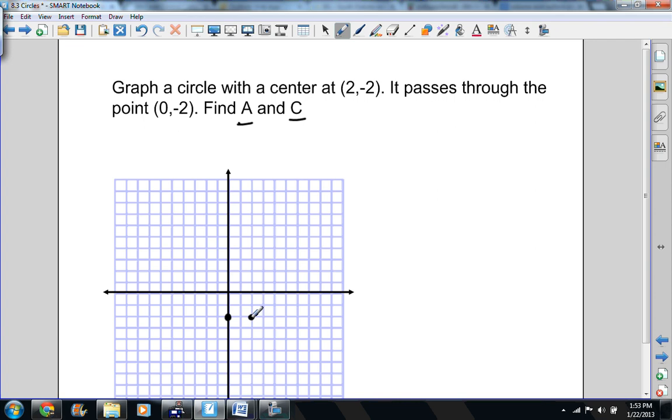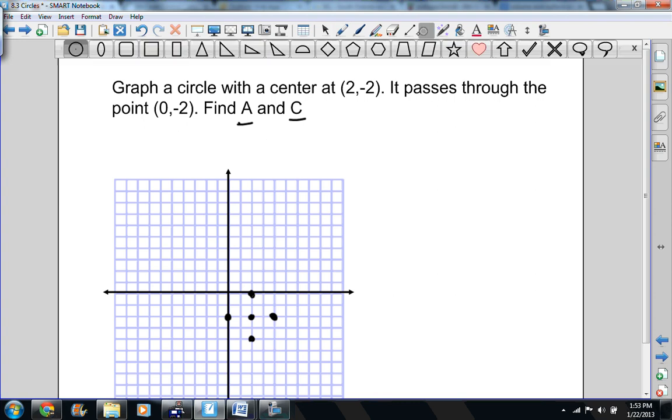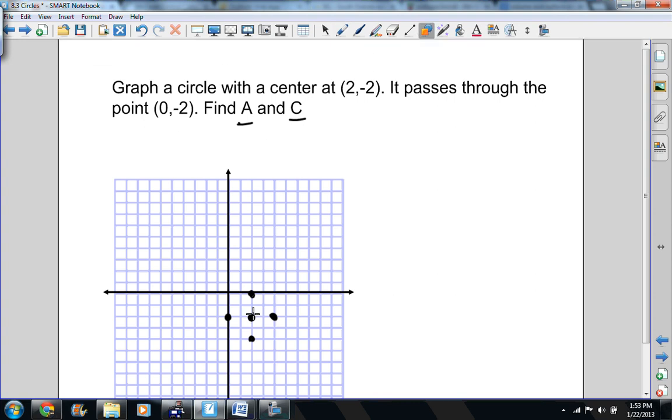Well, the first thing we got to do is find out one important thing about a circle: every point on the circle will be the same distance away. So that's 2 points away. So I know that right here is 2 points away, here is 2 points away, and here is 2 points away. And this is going to be a little bit of a challenge, but I think I can do it. So our circle will look like that. That actually wasn't too bad.